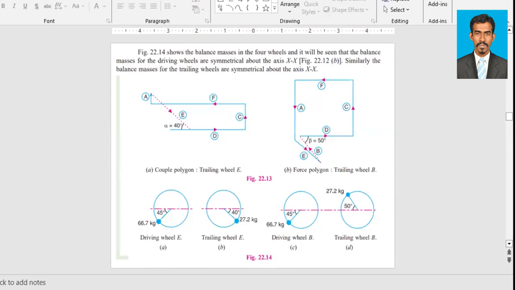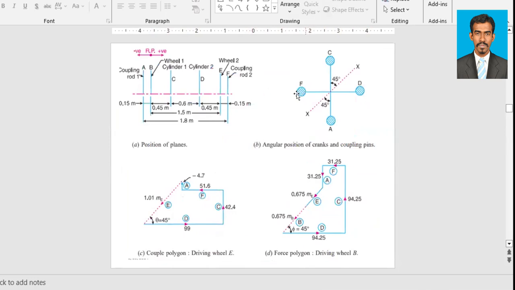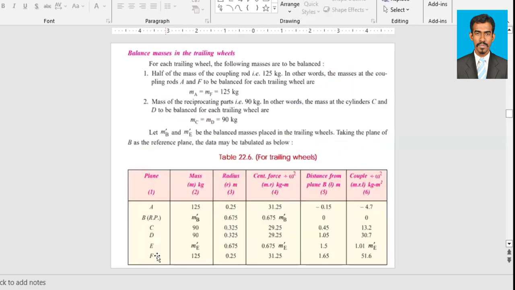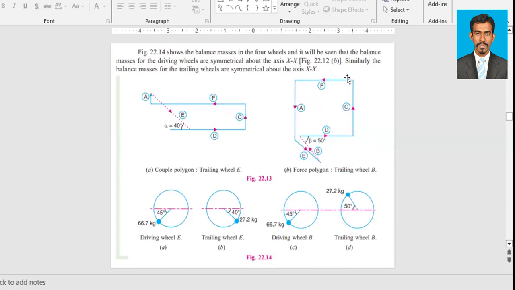Then the third one is F, going anti-clockwise. The F value here is 31.25, slightly bigger than this.